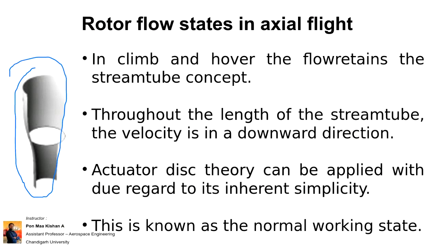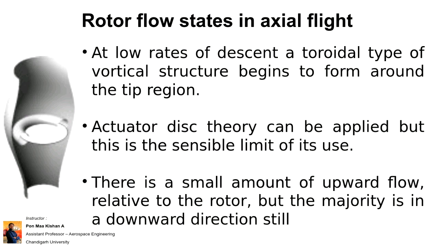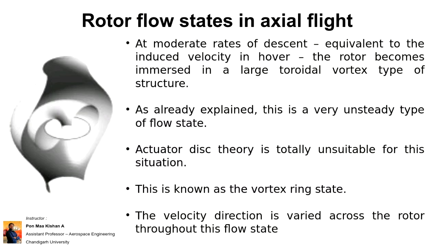When there is a low rate of descent, toroidal vortices are formed along the rotor tip. When the rate of descent is medium, the toroidal vortex will be large and the flow will be very unsteady, and momentum theory cannot be used in this situation. This situation is called the vortex ring state.